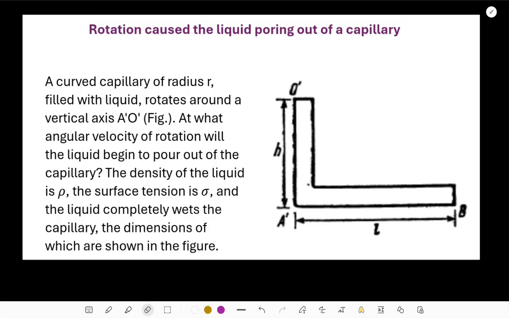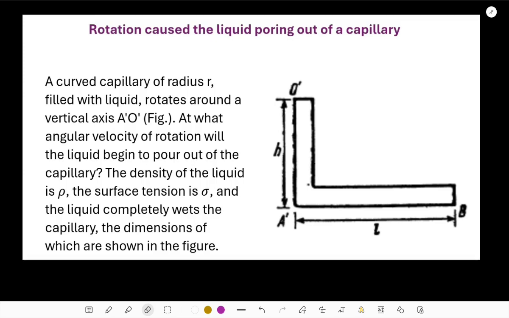You can see a problem on the screen, and I think it's better to read the statement of the problem first and try to understand it. So, the statement of the problem is: a curved capillary of radius r filled with liquid rotates around a vertical axis A dash O dash.